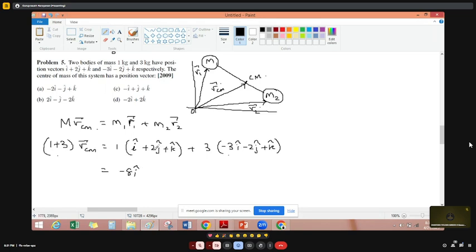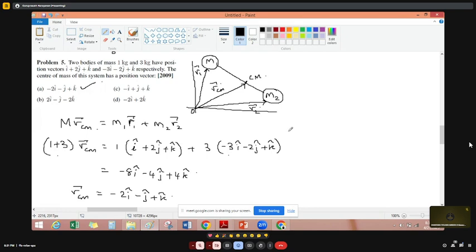This will be minus 6 plus 2, so minus 4j. 3k plus 1, so it will be 4k. This 4 and this 4 will cancel, so RCM is equal to minus 2i minus j plus k. Yeah, so that's my answer.